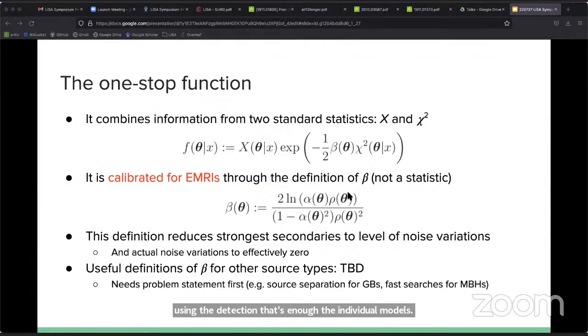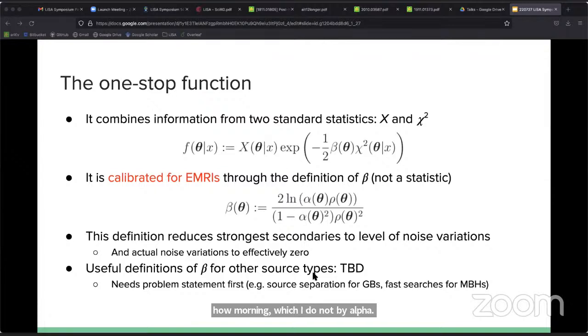As a concrete example, this function can then be calibrated for MREs through the definition of the function beta, which is not a statistic of the data. Beta is built from information about the signal space at each parameter point. More specifically, it encodes the optimal SNR rho of each template, along with the fractional SNR of its dominant frequency harmonic, which I denote by alpha.